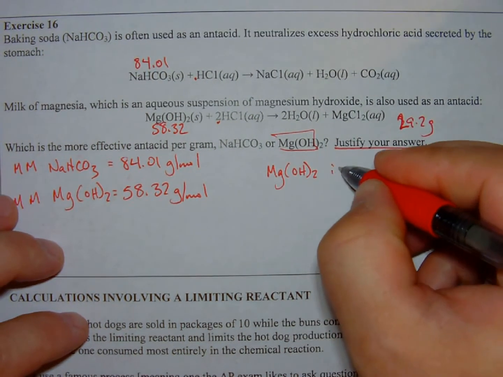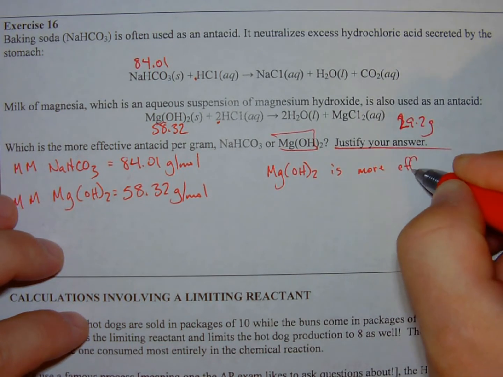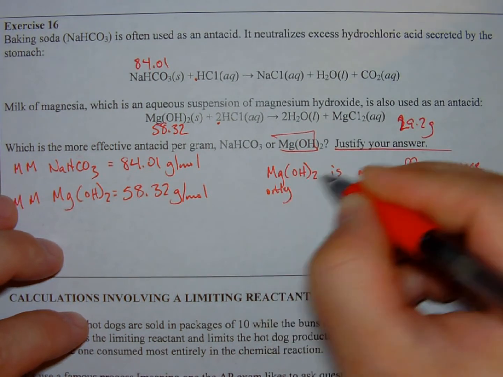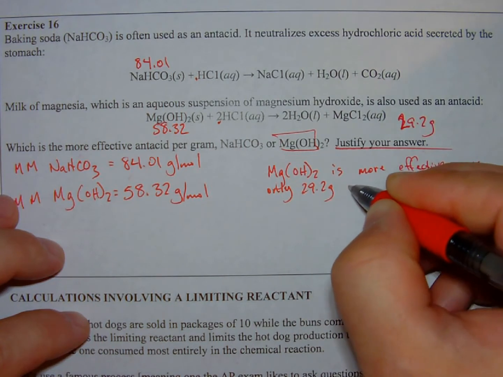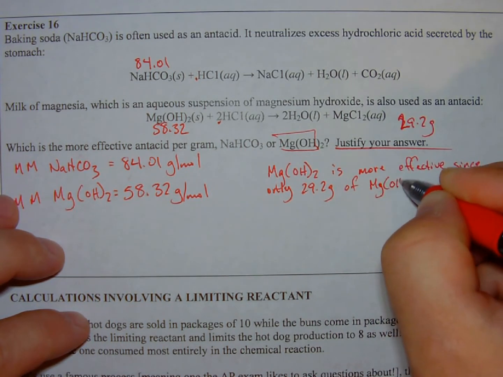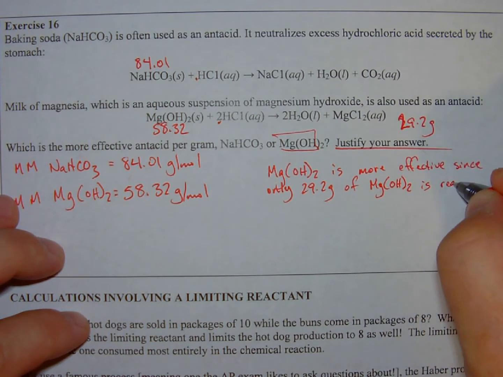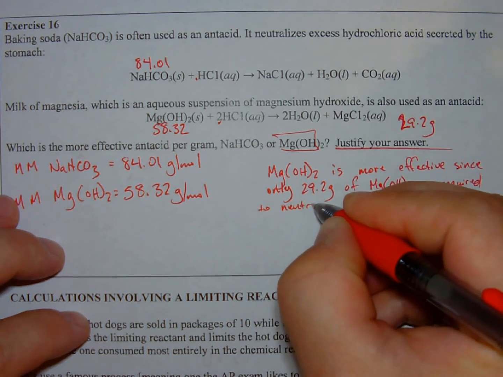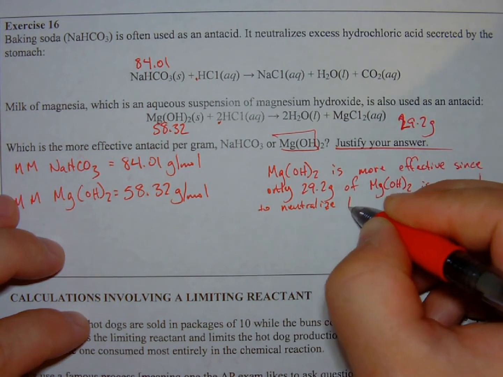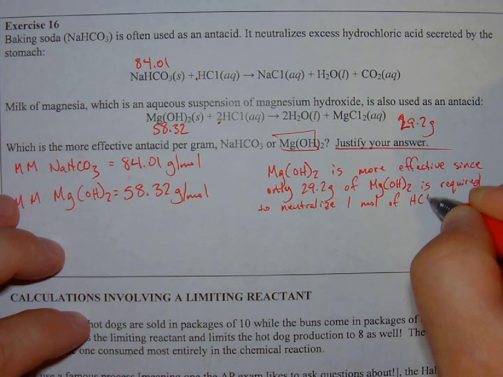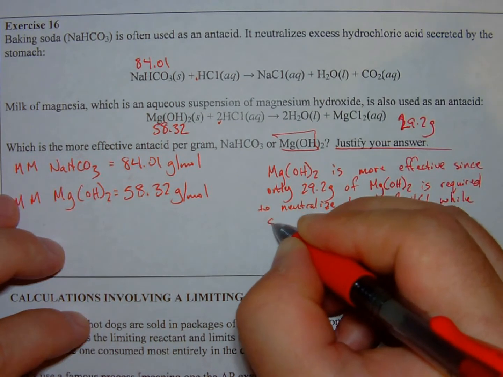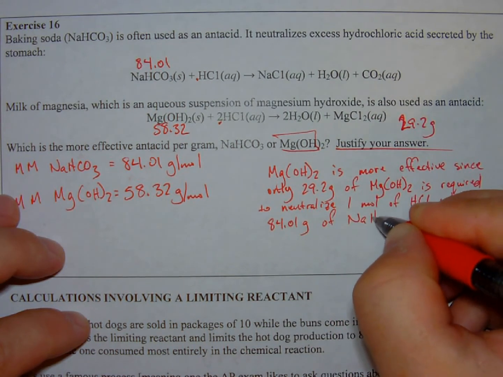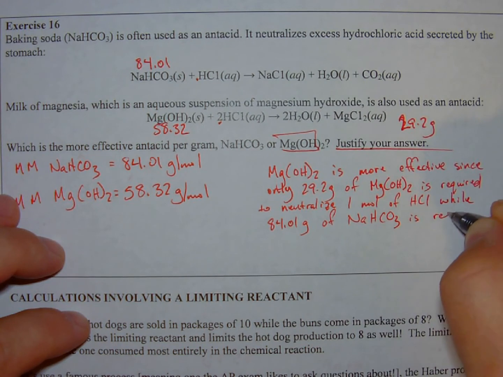Milk of magnesia is more effective since only 29.2 grams of Mg(OH)2 is required to neutralize 1 mole of HCl, while 84.01 grams of NaHCO3 is required.